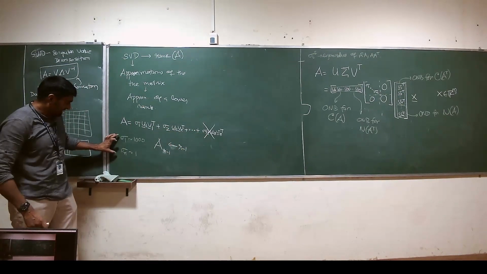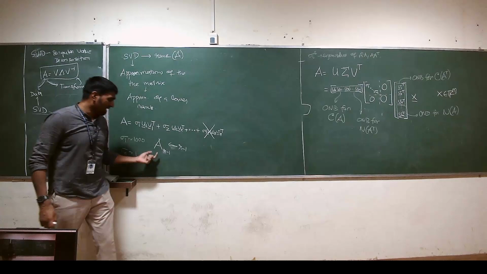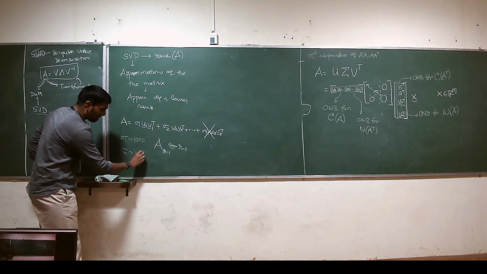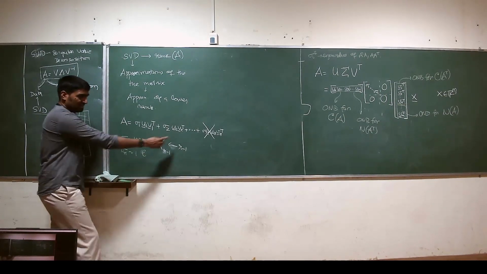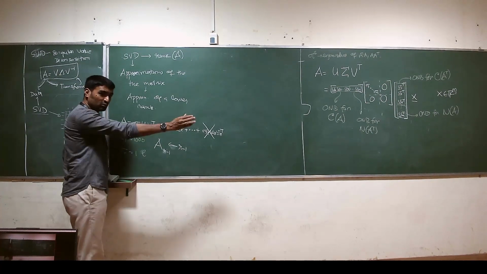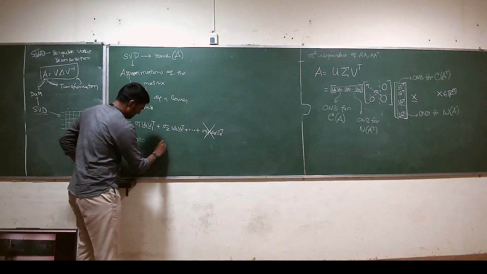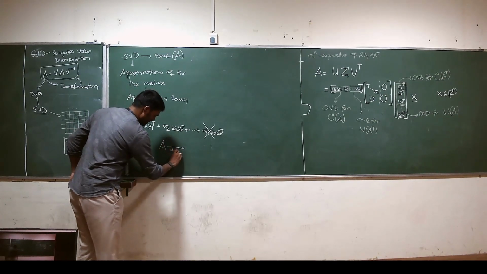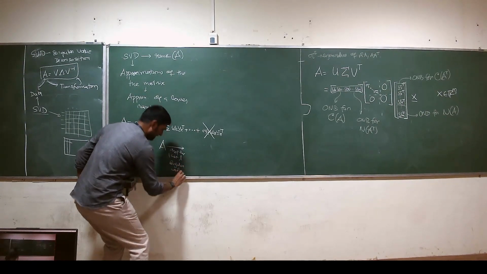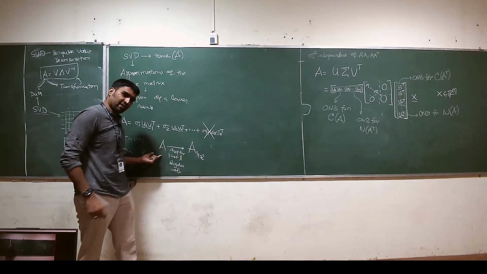So if I have the SVD and I find singular values like this, and I simply knock off the last outer product, then I get an R minus 1 approximation of a matrix whose rank is R. If I find that the last L singular values are very small compared to the other singular values, then if I simply knock those L singular values out, from A I drop the last L singular values, then I will get an R minus L rank approximation of A.